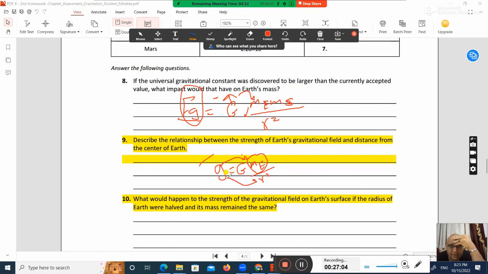And it also has an inverse relation with the square of the distance between the object and the Earth's center, or the core of the Earth itself.